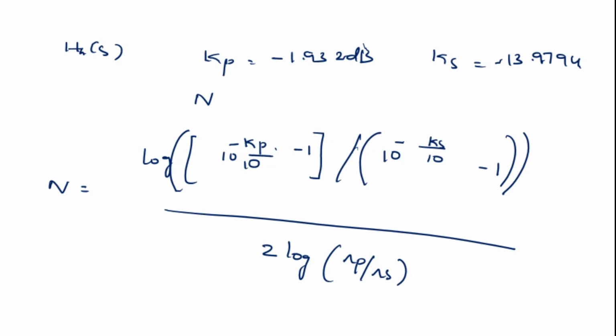After substituting the values and simplifying, we get n as 1.7. Rounding off to the next integer value, we get n equal to 2.